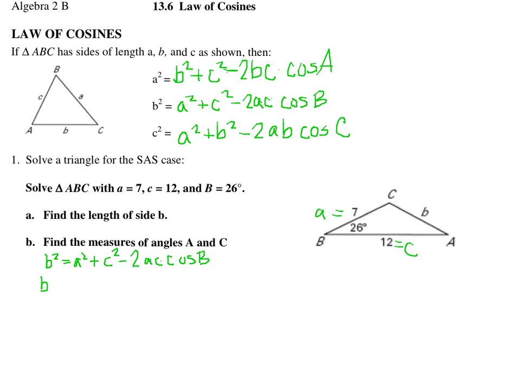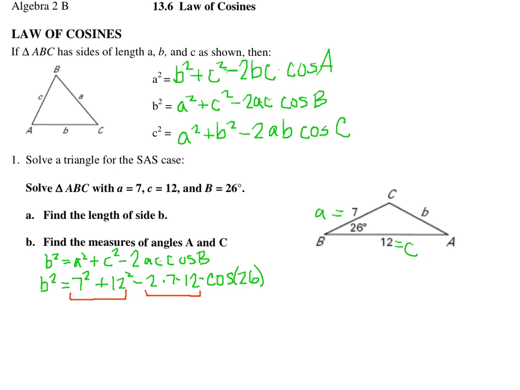So we're going to keep this b squared equals a, which is 7 squared, plus c, which is 12 squared, minus 2 times 7 times 12 times the cosine of 26. The way we simplify these is a couple steps at a time. We're going to simplify this piece, and this piece right here.